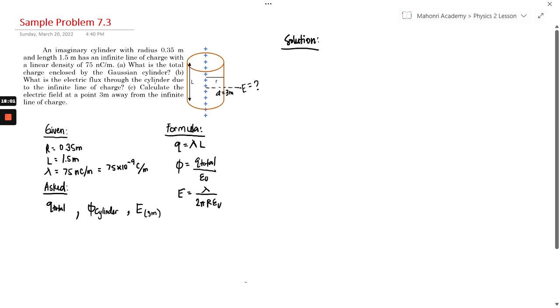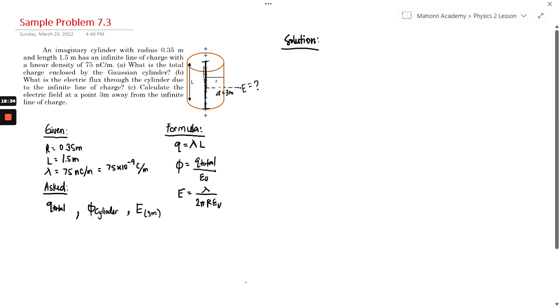Let's first find the Q total, and that is equal to, if we have to find the total charge enclosed by the Gaussian surface, what we are looking for is basically just the charge within this limited length of the Gaussian cylinder. So how much charge is available per this length?